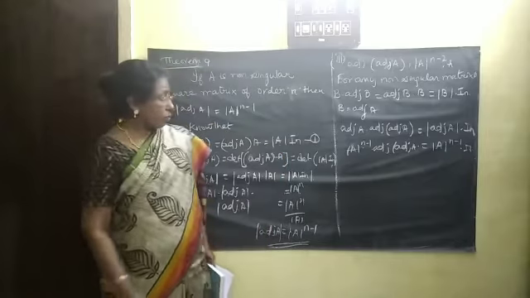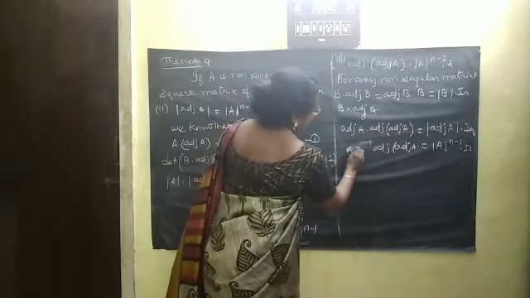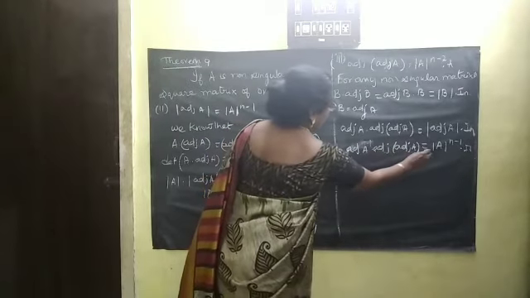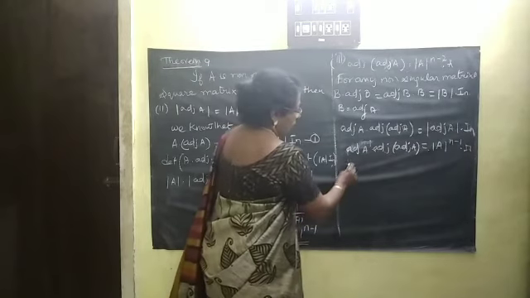Now, it's enough if we replace only that. So adjugate of A into adjugate of adjugate A is equal to determinant A the whole power n minus 1.